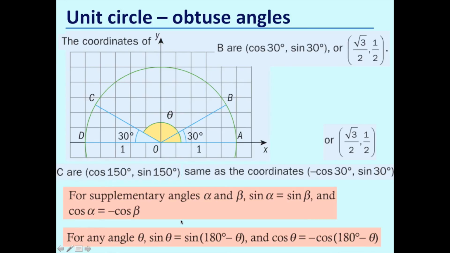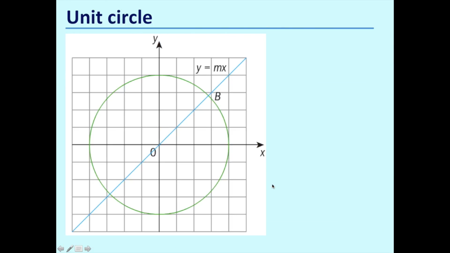For any angle theta, sine theta equals sine of 180 minus theta, so sine 30 equals sine of 180 minus 30, so we said that was the case here, sine 30 equals sine 150, and cos theta equals negative cos of 180 minus theta, which is also what we looked at here.